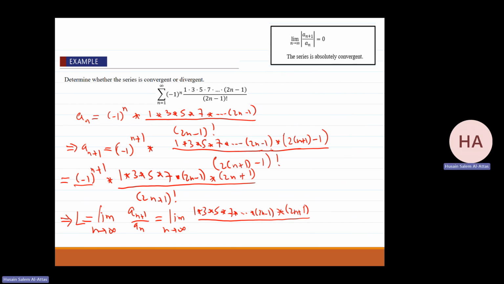It will be 1 over 2n plus 1 factorial, times the reciprocal of this, which is 2n minus 1 factorial over 1 times 3 times 5 times 7, until I reach 2n minus 1.